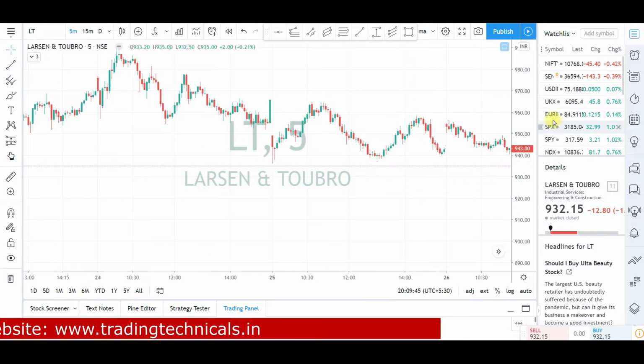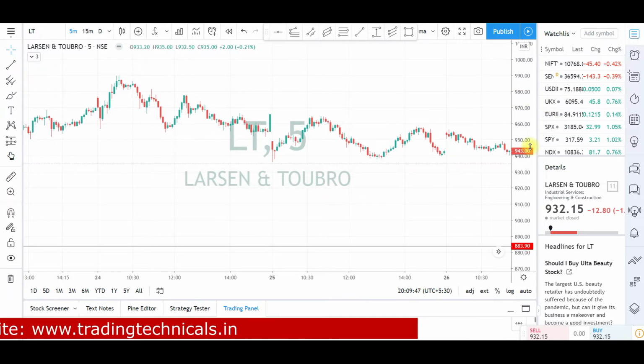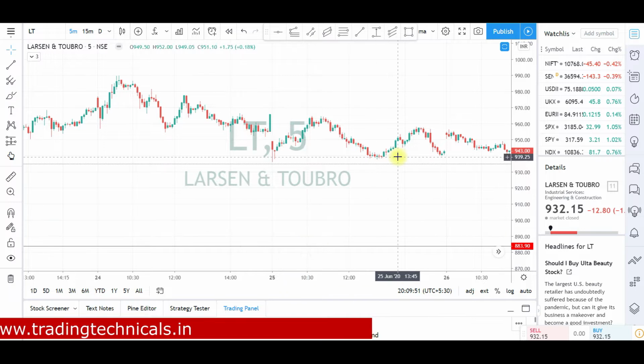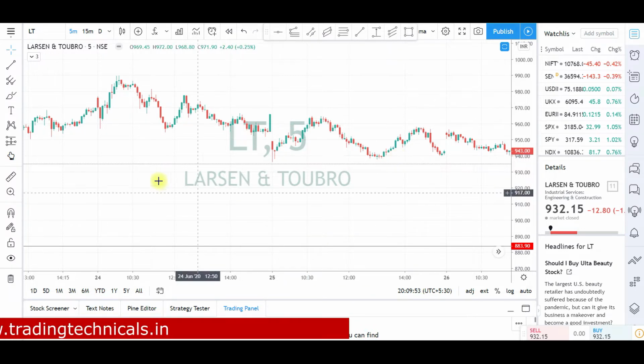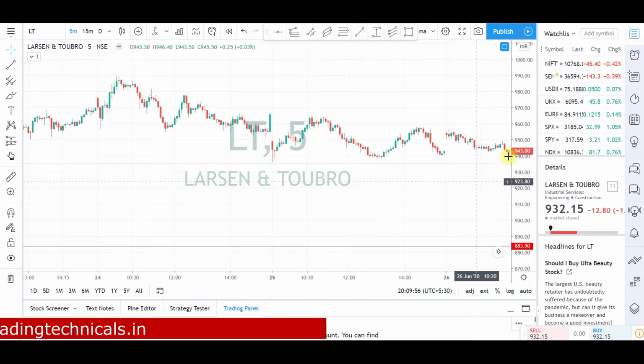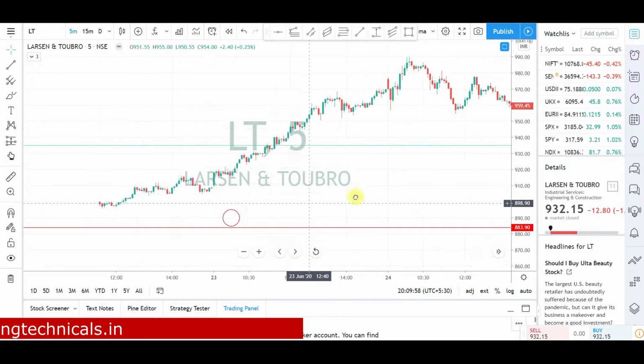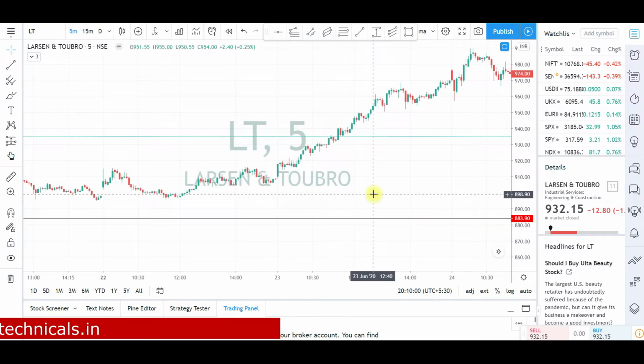So today let's talk about trend lines. Trend lines are very simple things, so let's not complicate them with multiple analyses.